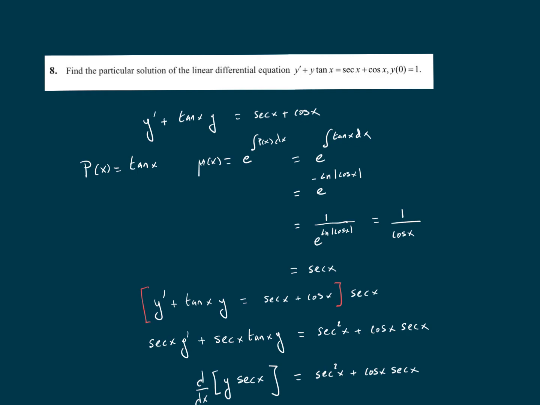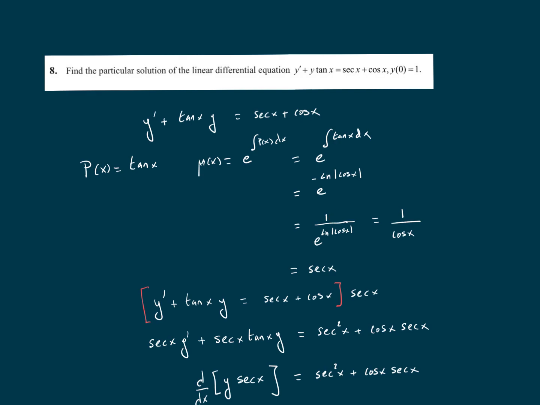We pay attention to the p of x. We find the integrating factor like e to the integral of p of x dx. P of x is tangent of x, so it will be the integral of tangent of x dx, but the integral of tangent of x dx is minus the natural log of cosine of x.